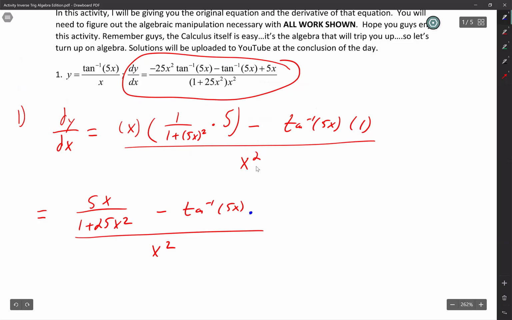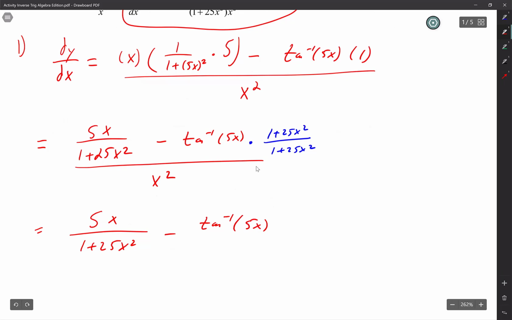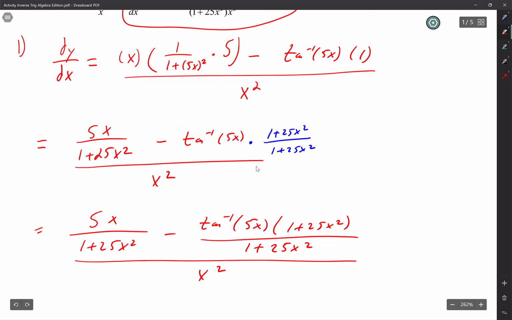So I'm going to multiply the arctan of 5x by 1 plus 25x squared over 1 plus 25x squared. So that looks to be the magic or the key. So when you do that, you're going to get 5x over 1 plus 25x squared minus, and I guess I'll write it next to it in a little bit. We'll distribute it. There we go. So now I have a common denominator in the numerator, if that makes sense.